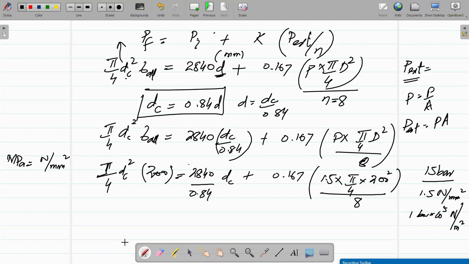So if you find those values using a calculator, pi divided by 4 into 200, oh, this is not square, sorry. 200 is 157.